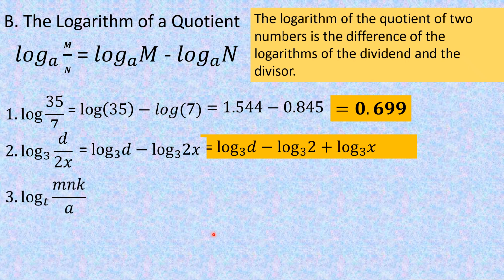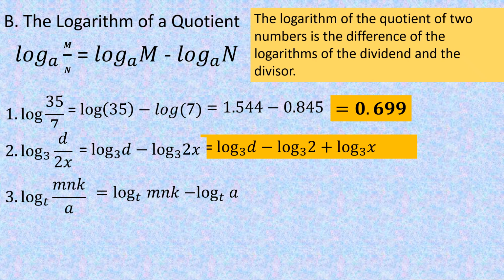Next, number 3. This is log of m, n, and k over a to the base t. As you have seen, our numerator is made up of three factors while our denominator is composed of one factor only. So first, we are going to apply the logarithm of a quotient by subtracting their logarithm. We have the log of m, n, k to the base t minus the log of a to the base t.